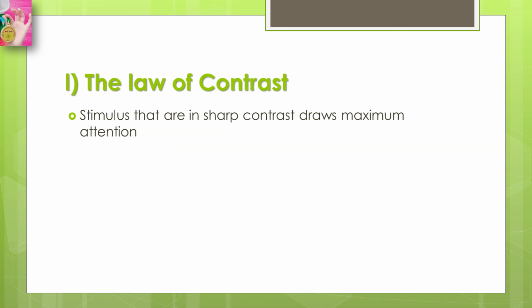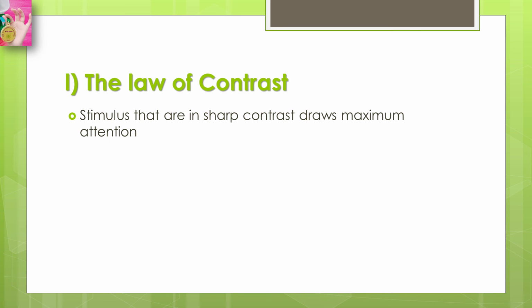The next is the law of contrast. Perceptual organization is very much affected by the contrast effect. Stimuli that are in sharp contrast draw maximum attention. For example, a very short man standing among the tall, and also the contrast of black and white.